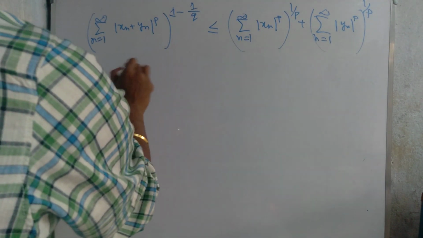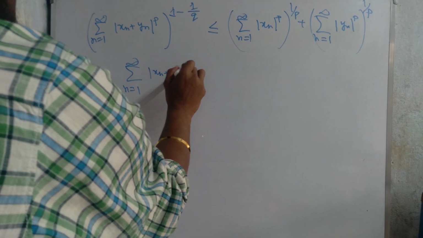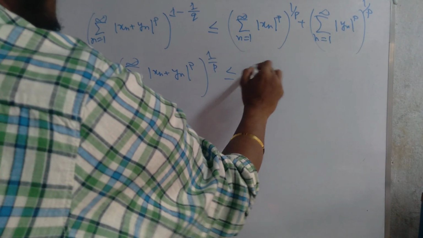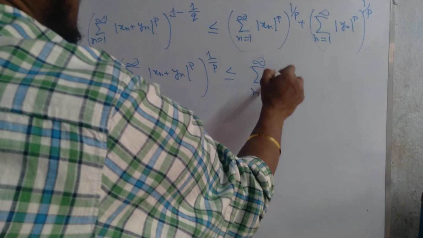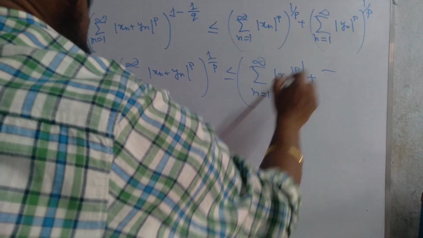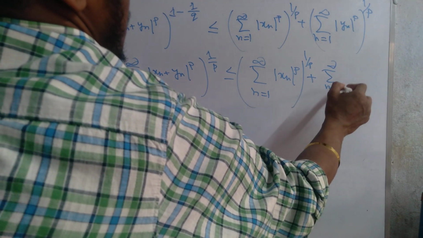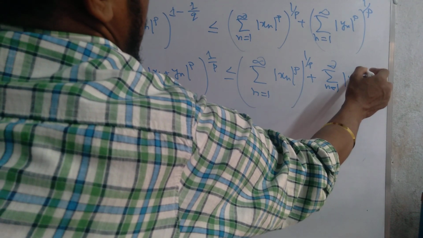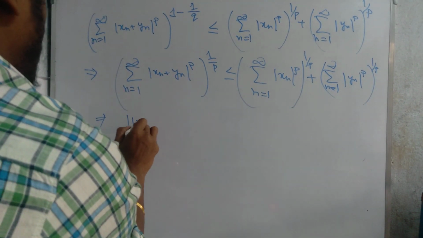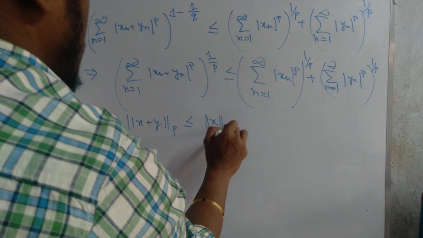This implies that the norm of x plus y in p is less than or equal to the norm of x in p plus the norm of y.